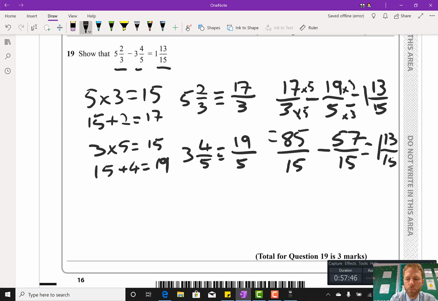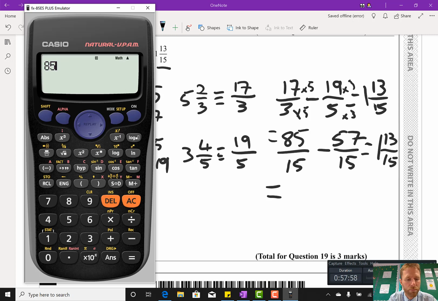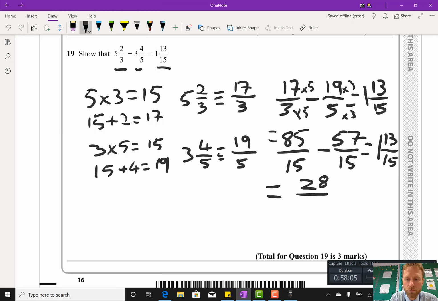Now it's straightforward. Now we can see that we're doing 85/15 take away 57/15, and we can have an answer to that. So 85 take away 57 is 28. And that should be enough to get us all 3 marks.